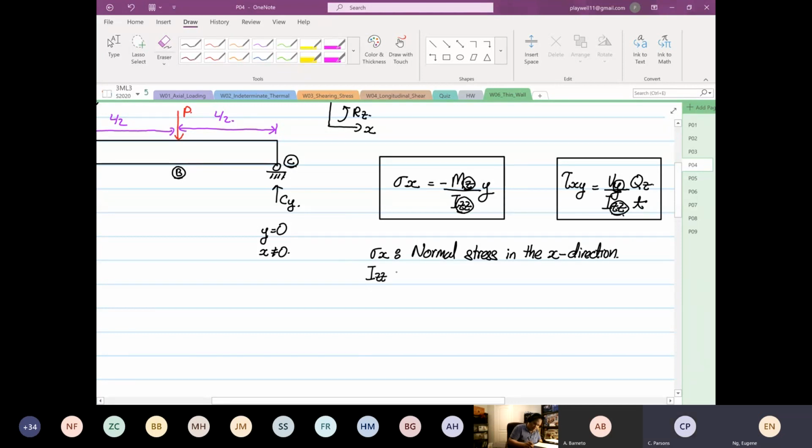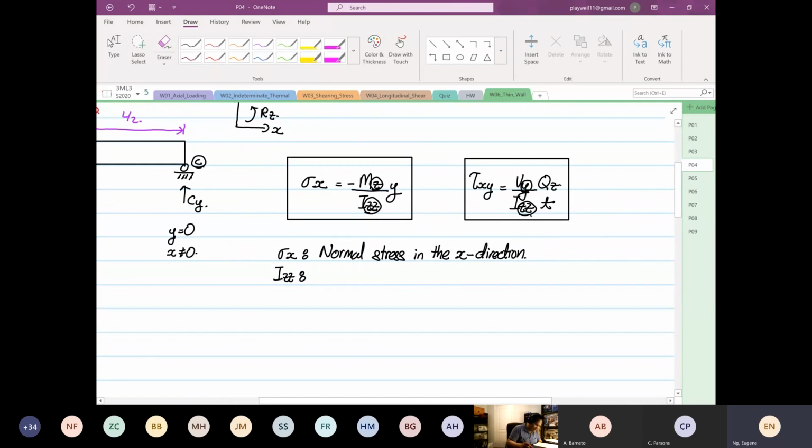So normal stress can be in Pascal or it can be in psi. And then Izz is your second moment of area about the z-axis, so this can be in meter to the power 4 or inches to the power 4.